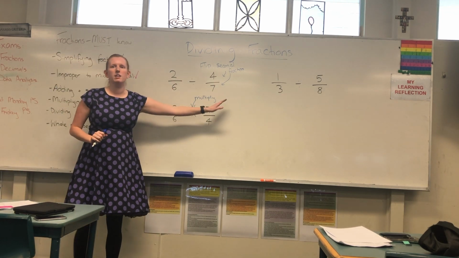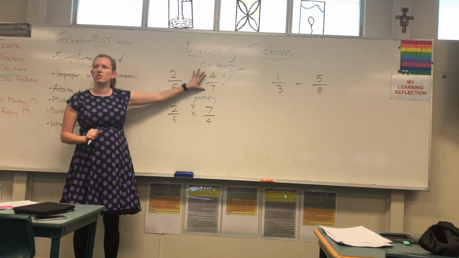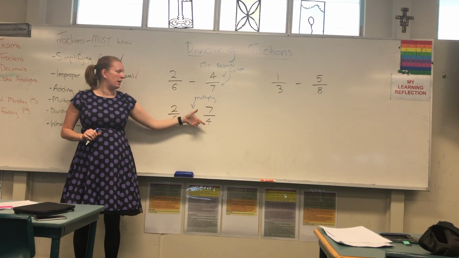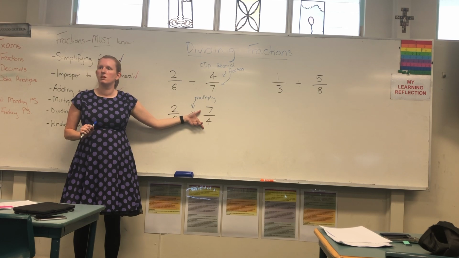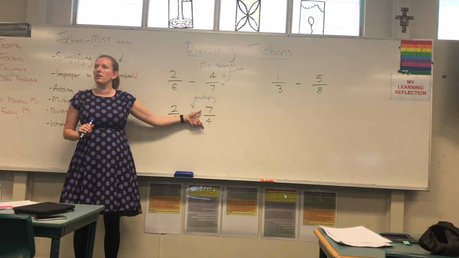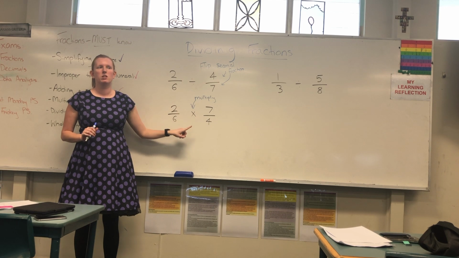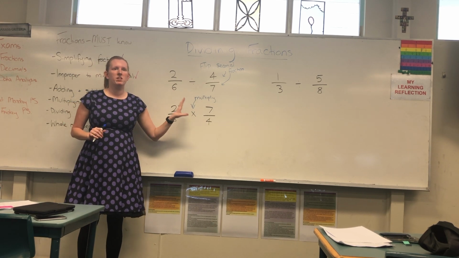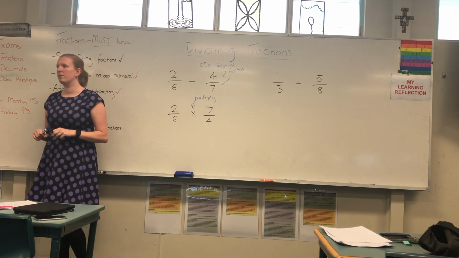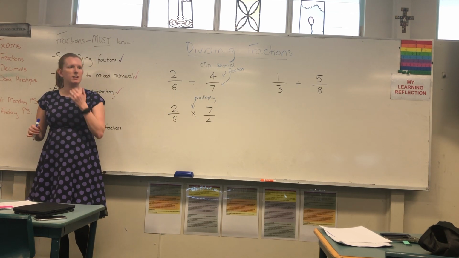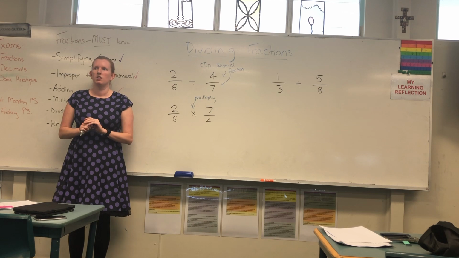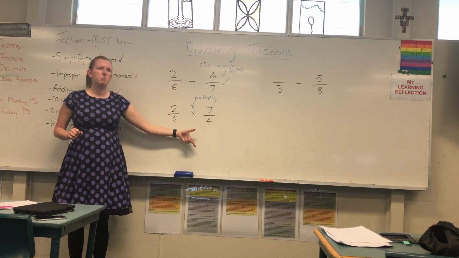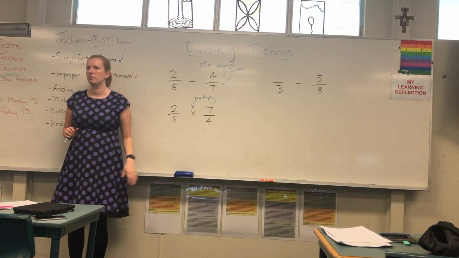When you're dividing, take your second fraction and flip it upside down. And then instead of dividing, I'm going to multiply. So that is something that you should absolutely memorize. When you're dividing, take your second fraction, flip it upside down, then multiply instead.